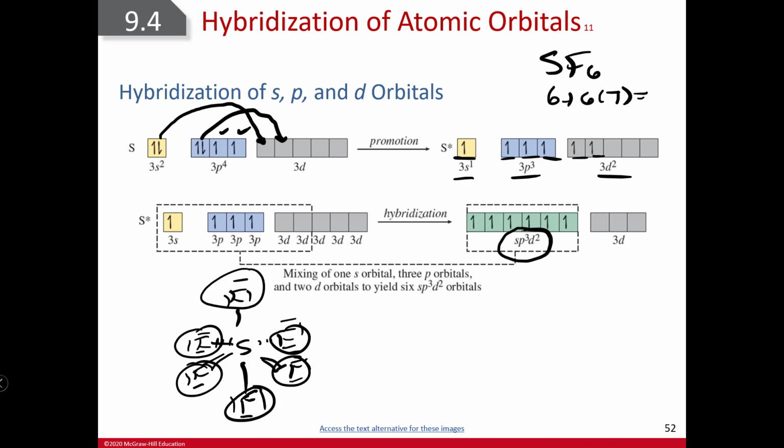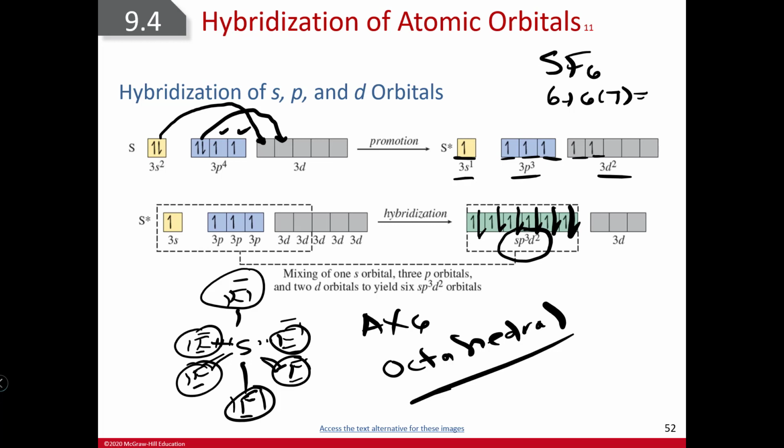And now I have 6 degenerate sites. They all have the same energy, so we can have 6 things bond in here equally. sp3d2, so we know if it's AX6, it's called octahedral for the electron domain and the molecular geometry. That's how we get it.